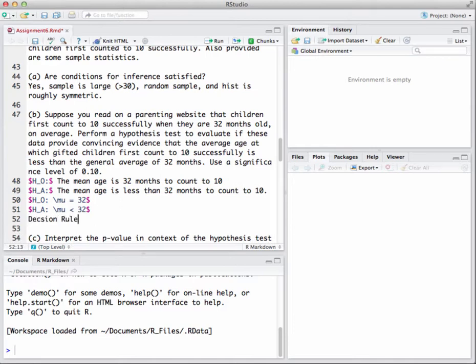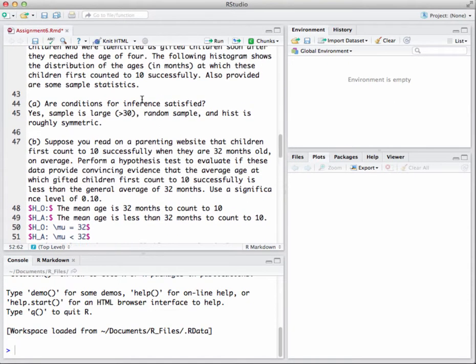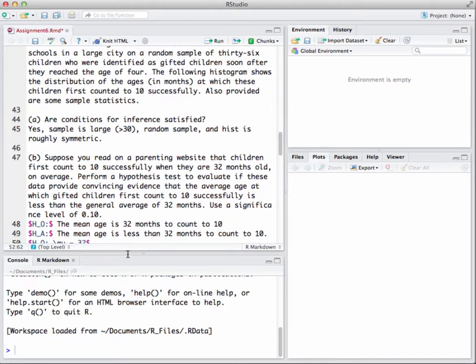Our decision rule is going to be reject the null if the p-value is less than 10%. Okay, now where did I get that from? Again, back up here, they told us to run the test using a significance level of 10%.